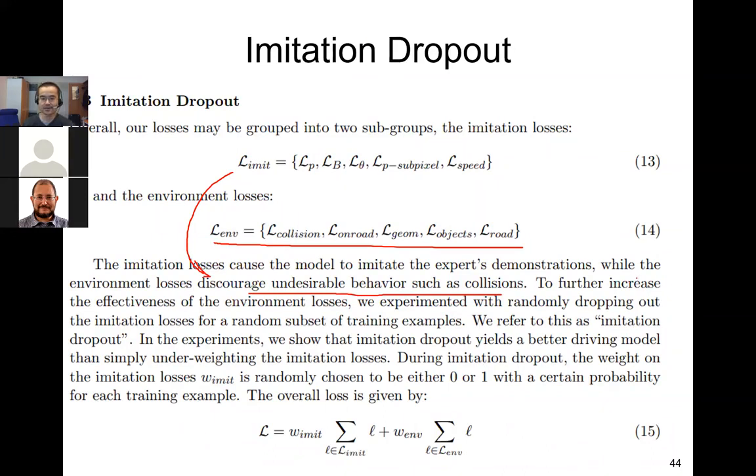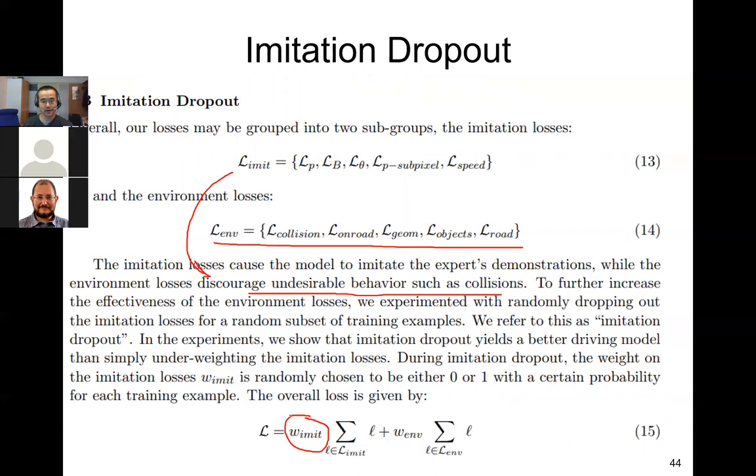To further increase the effectiveness of the environmental loss, we experiment with randomly dropping out the imitation losses for a random subset of training examples. So during imitation dropout, the weight on the imitation loss is randomly chosen to be either 0 or 1 with a certain probability for each training example.